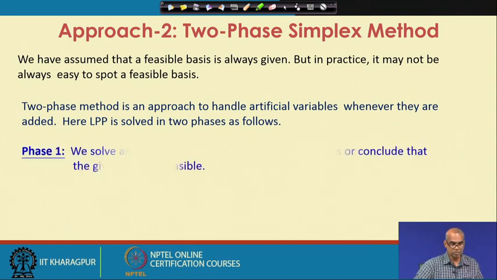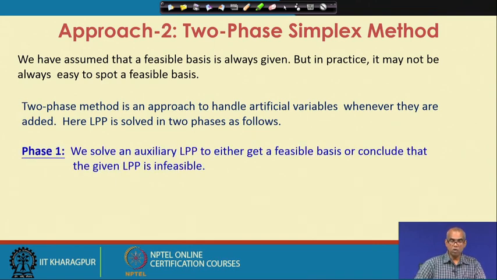In the first phase, we solve an auxiliary linear programming problem to either get a feasible basis or conclude that the given linear programming problem is infeasible.